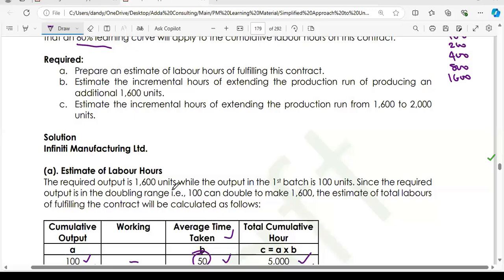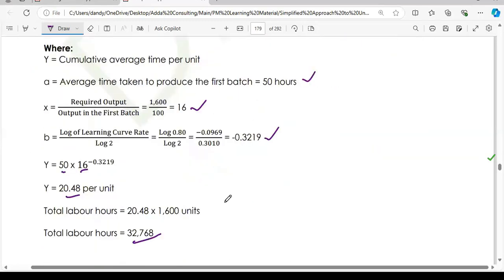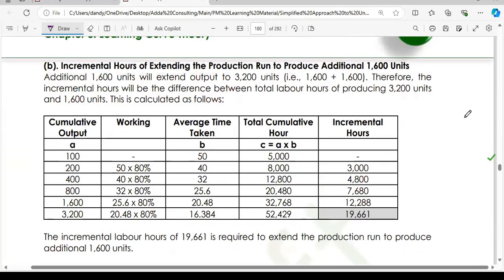Yes. So all I need to do now, based on the initial calculation from this table, is double 1600 to make 3,200.